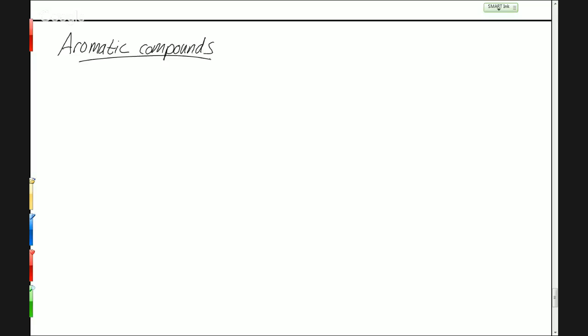What does aromatic mean? Smells. Yeah, that's kind of where this comes from, that these things smell. Although now we know that there are many, many aromatic compounds, that is, things that smell, that don't fit in this category.